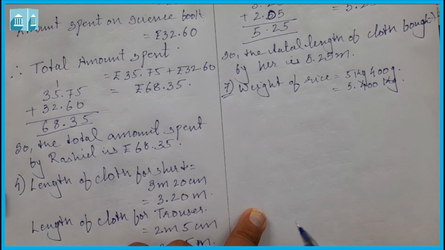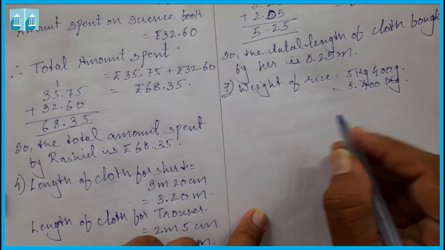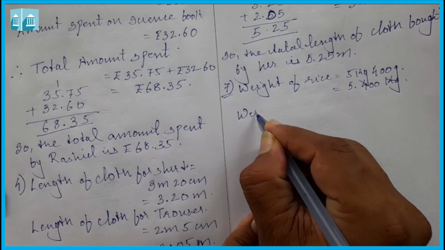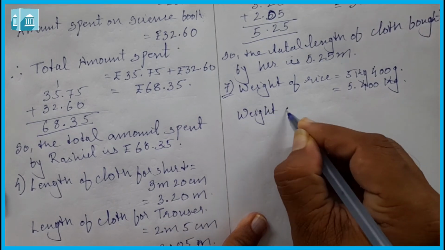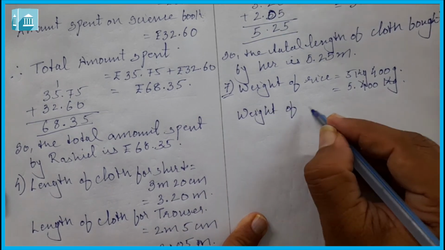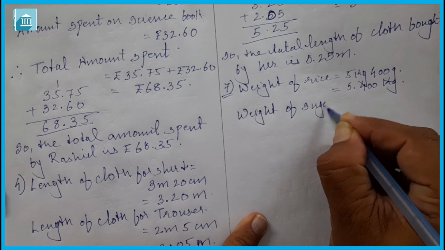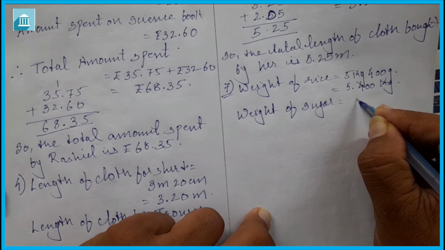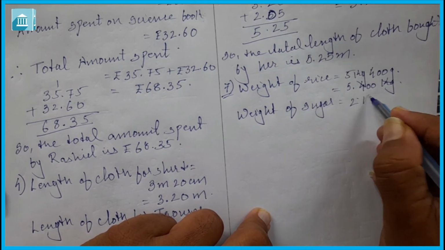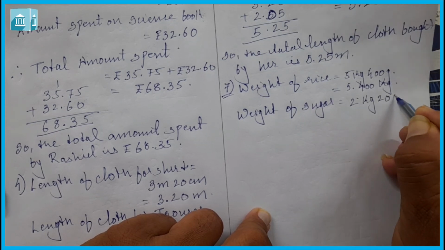Then weight of sugar is equal to 2 kg 20 gram.